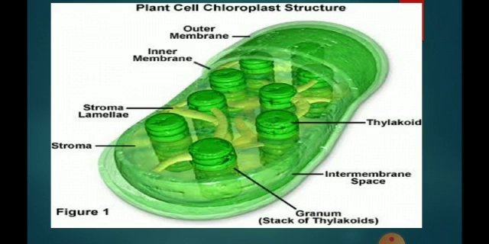So white or colorless plastids are called leucoplasts, as we have leukocytes, that is white blood cells. In the same way plants also have leucoplasts, which are white or colorless plastids, and the colored plastid is called chromoplast or chloroplast.